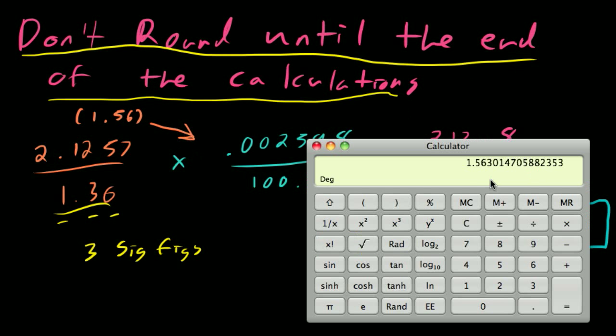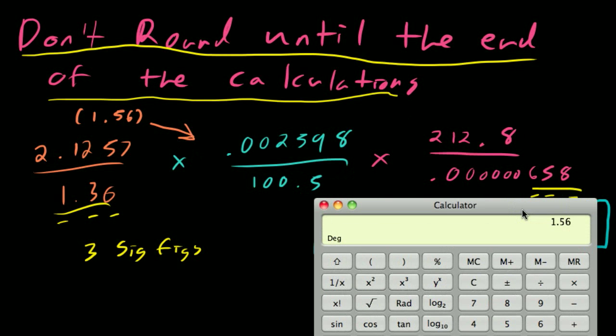So I'll go back to the calculator. So I say 1.56. So I dump all those extra decimal places now. So I have 1.56 times 0.002598, and that gives me this expression. But now let's say I wanted to round again, and remember I had 4 sig figs here.